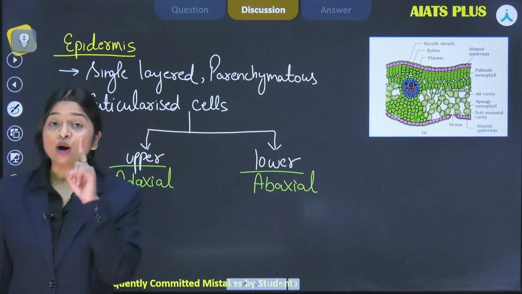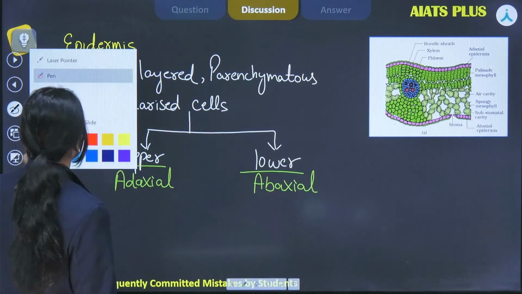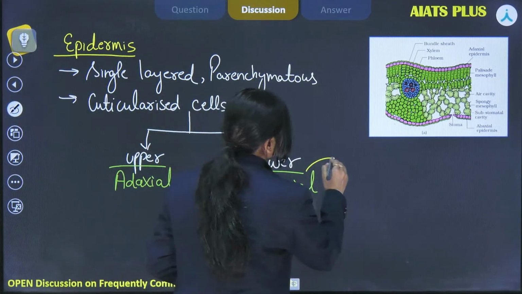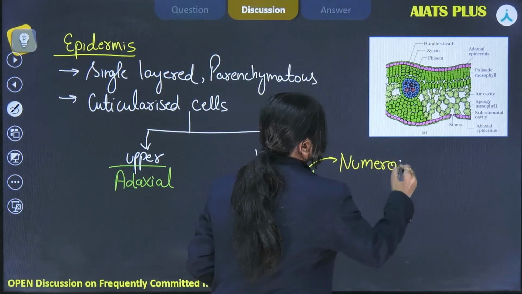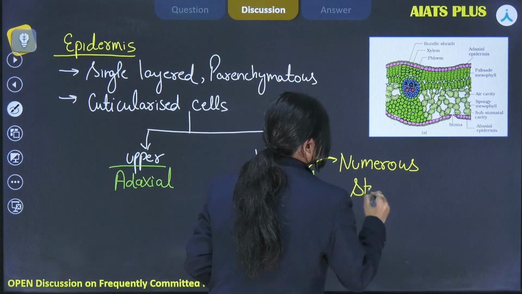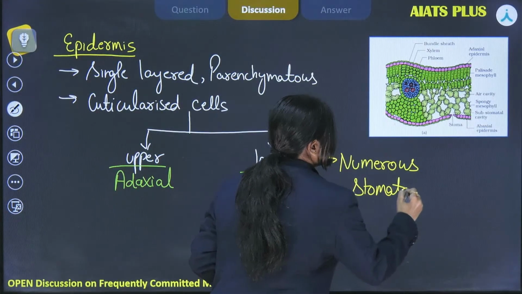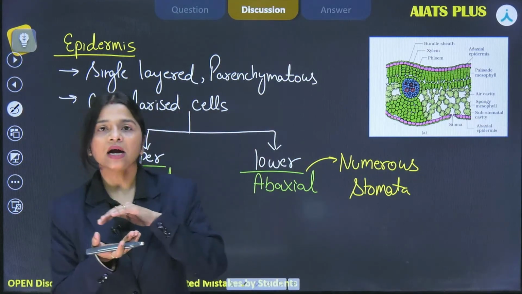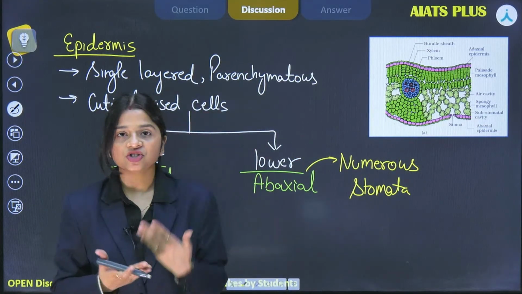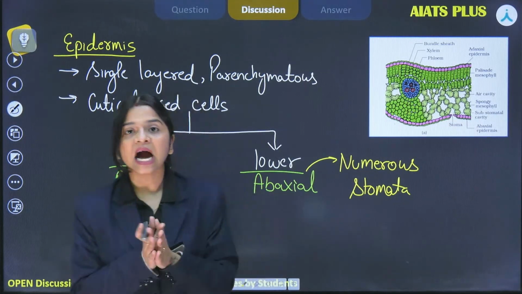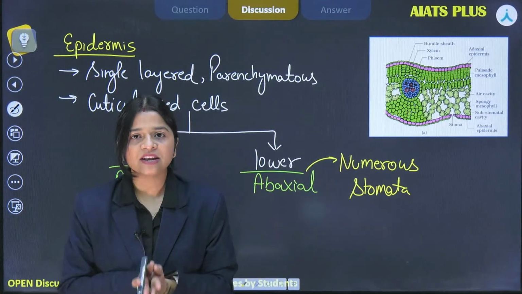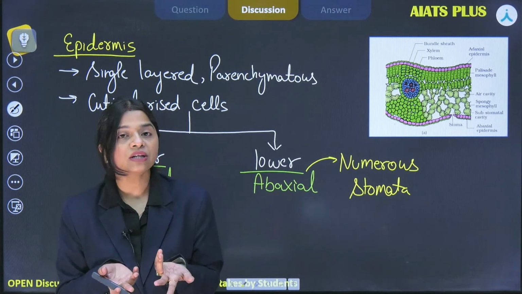All right. Also, on the abaxial surface, we observe numerous stomata, because stomata are meant to exchange gases. There is the presence of chloroplast in the guard cells. They perform many functions, and for transpiration also they are used.